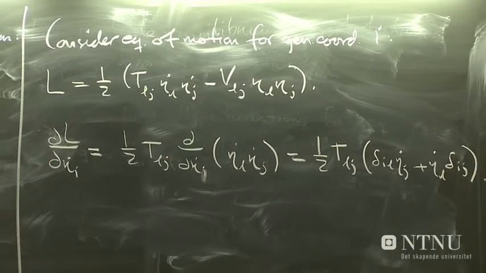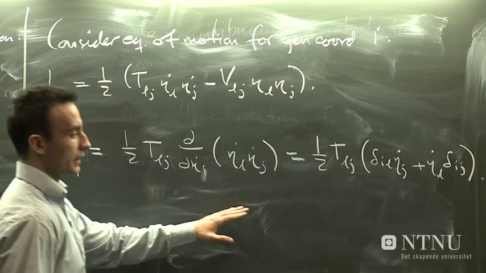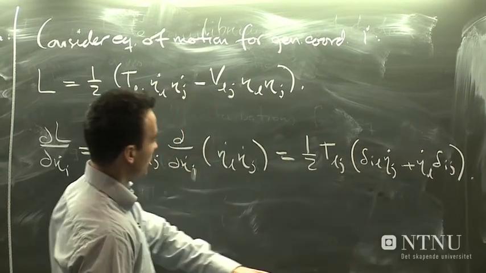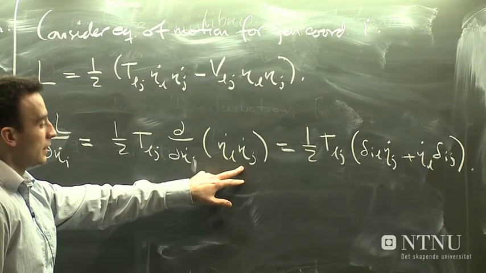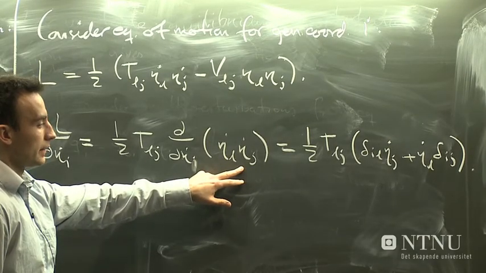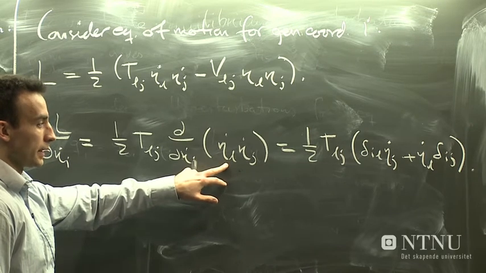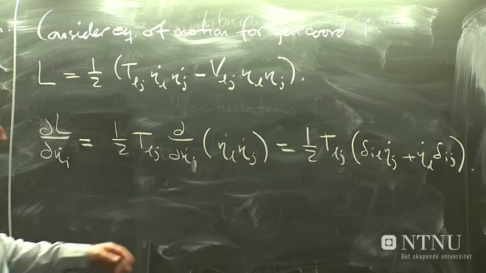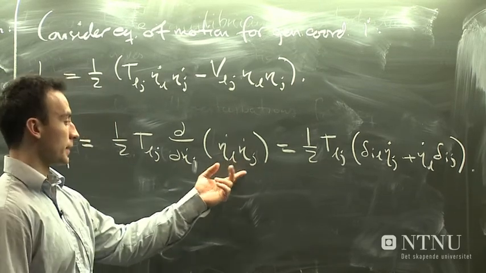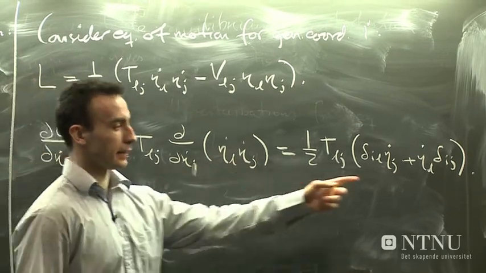And if you perform this derivation, you would find this. So you get two terms from deriving each of them. And here you only get a contribution when i equals l. And similarly, when you derive this term, you only get a contribution when i equals j.